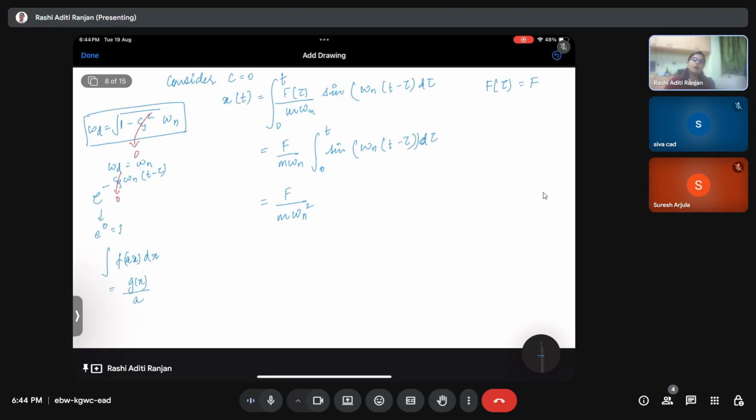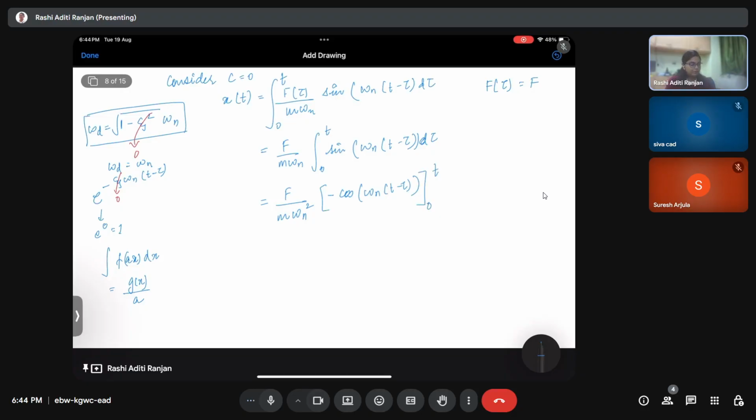That is why we are going to have omega n square in the denominator. Then we have minus of cos omega n (t minus tau), and the limits of integration go from 0 to t.